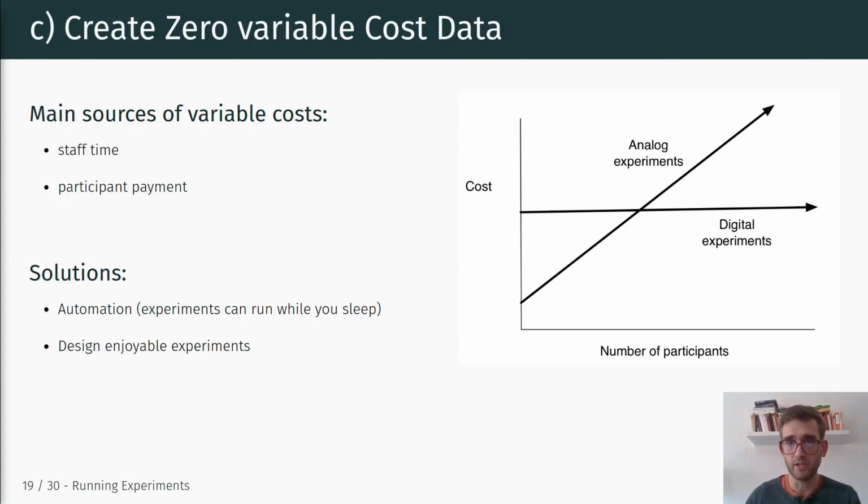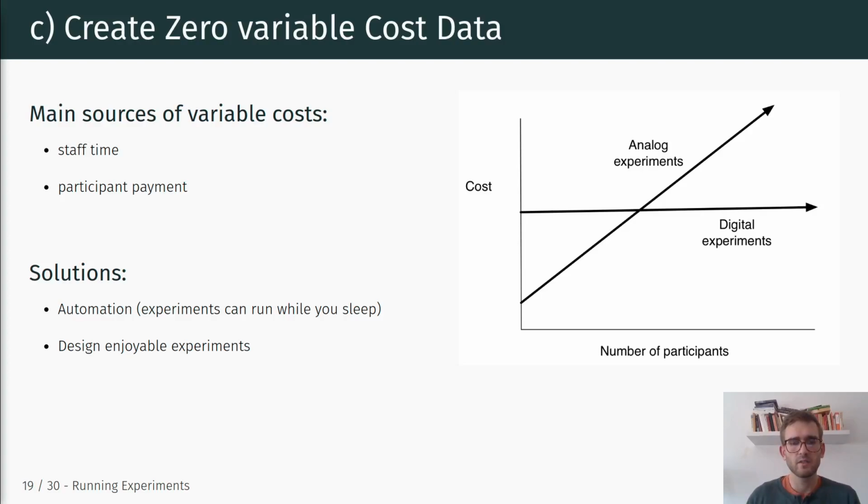And the other part, to the extent that it's possible, you can reduce participant payments if you design an experiment in a way that is actually enjoyable to participants, right? If participants are inherently motivated to participate in your experiment, then you get around the issue of participant payments increasing the total cost of your experiments, right?